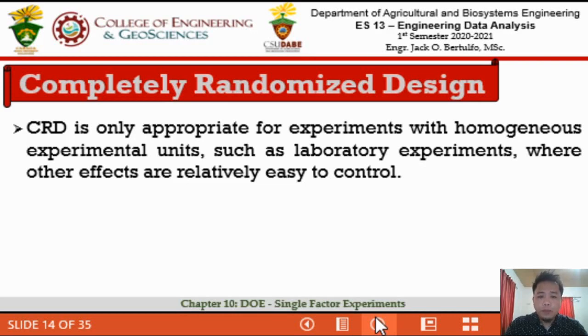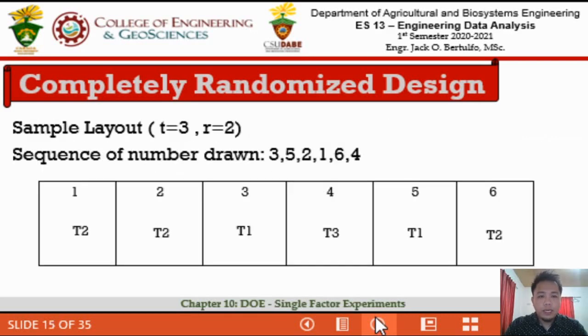CRD can also be used for non-laboratory experiments, as long as you can control the other effects. But most of the time it is used for laboratory experiments because it is easy to control the other effects.